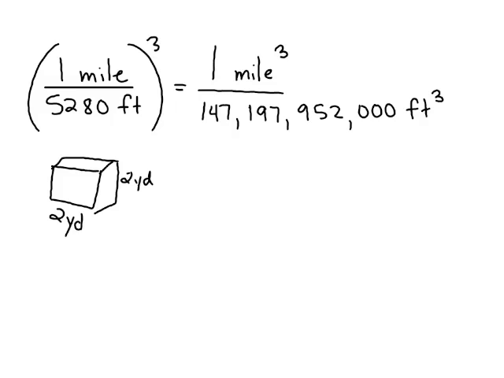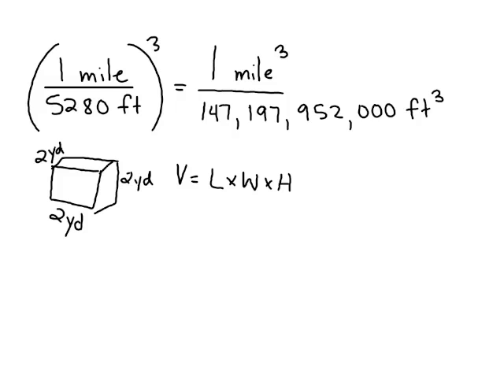Okay, so is that how I do it? How do I find the volume? Length times width times height. Volume equals length times width times height. So all of these are 2.